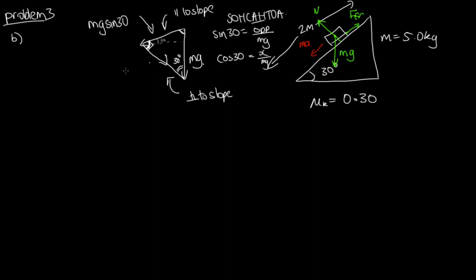And so this side, the perpendicular side, is mg cos 30. And now we've said that perpendicular to the slope, all the forces have to be balanced. And so this normal reaction force must be equal to the weight force acting perpendicular to the slope. So we have N is equal to mg cos 30, and it's in the direction shown.